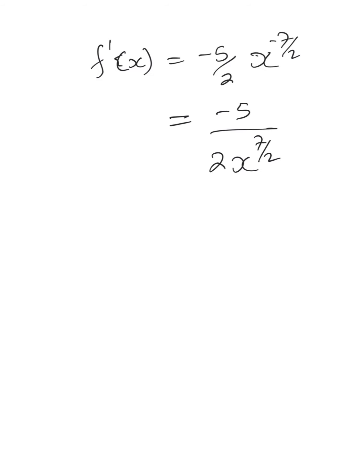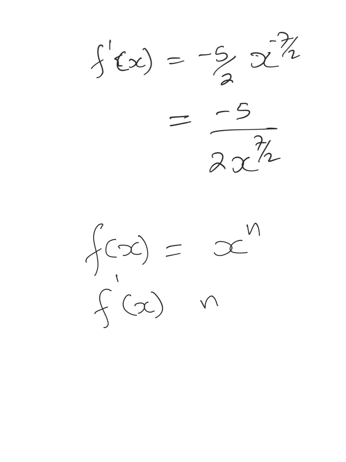It's all about dropping the old power to become a coefficient and then reducing the old power by 1 to get the power of the derivative. Don't forget, if f of x is equal to x to the n, then the derivative is n x to the n minus 1.